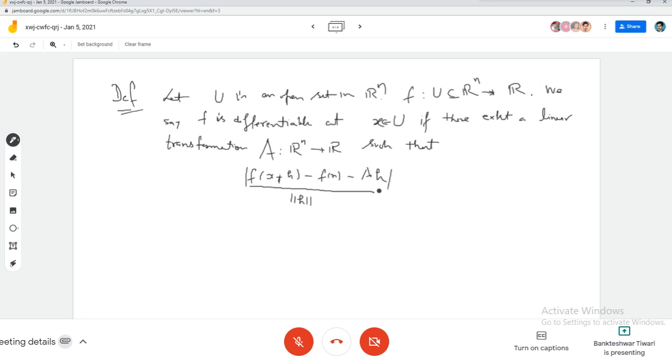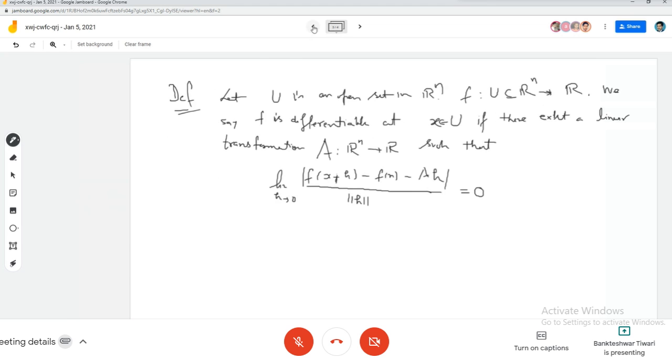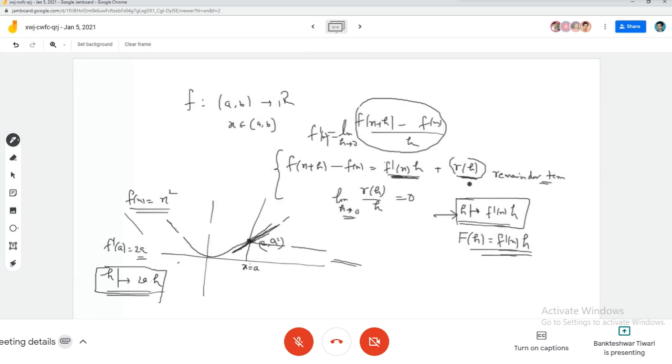This is a real number, so don't worry about that. And limit h tending to 0, and this should be equal to 0. So this is just a generalization of this expression, this R(h), which is f(x plus h) minus f(x) minus ah, divided by h.